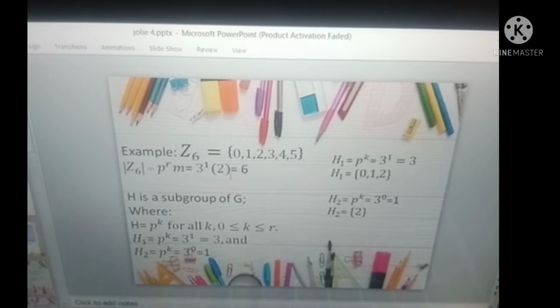So we are now in my second slides. As a while ago, I'm going to explain the center of a group.